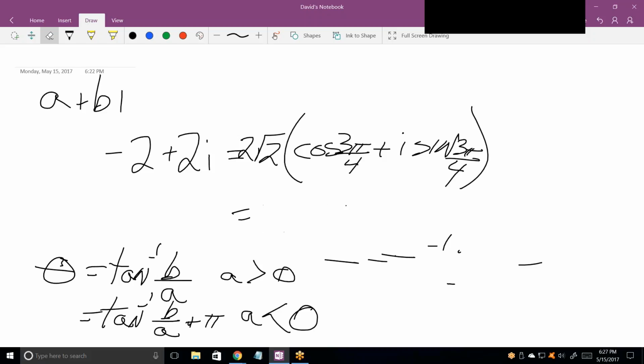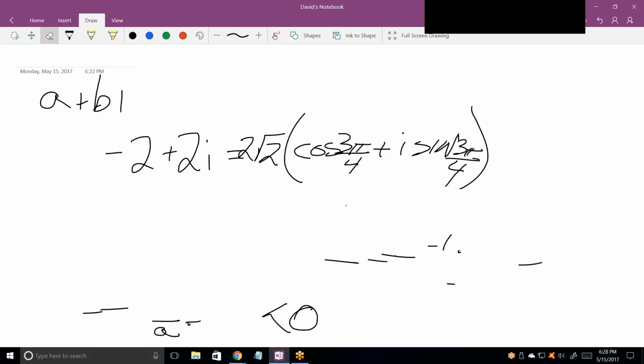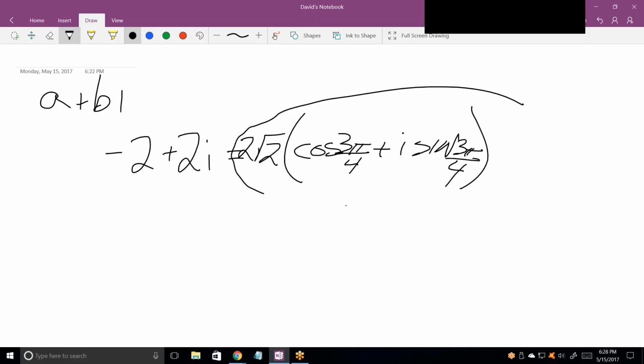In other words, like I said, if I was going to live or die based on whether that's the correct answer, I'm figuring out what this is and make sure that this is equal to minus 2 plus 2i. And it will be. And that will be what proves that this is correct. Follow me? Yeah. Okay.